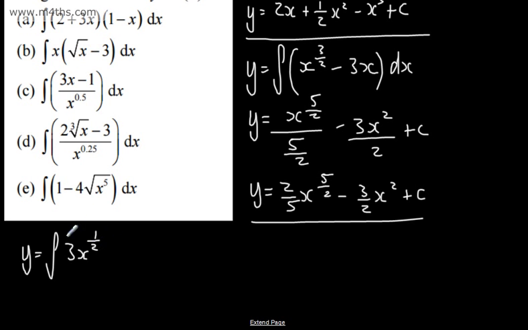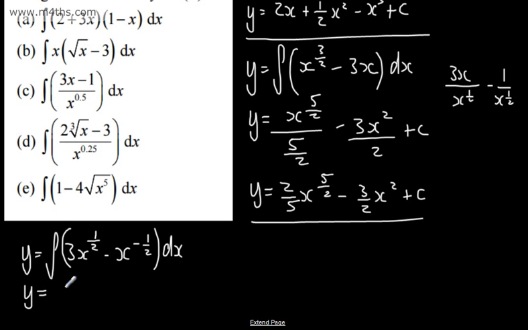Then what I'm going to have here is now negative 1 over x to the half, which is going to give me now minus x to the minus 1/2. So that is what we're looking for. All I've done is use the rules of indices. If you wanted to split it up, you could say 3x over x to the half minus now 1 over x to the power of 1/2. If you're comfortable to write it like this, go ahead and do it.